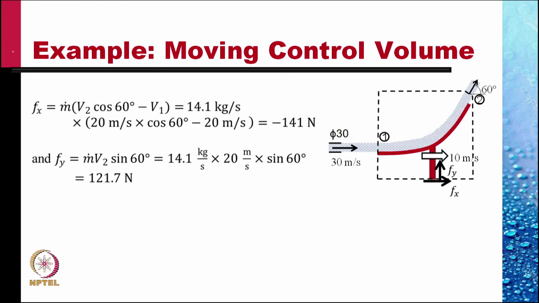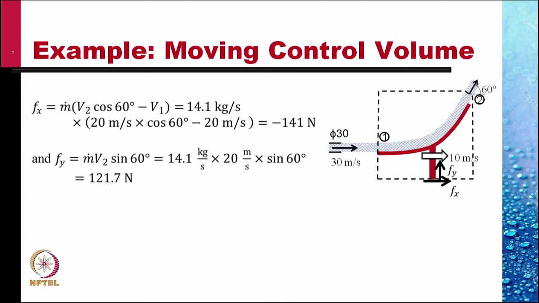So the force Fx is equal to m dot into (V2 cosine 60 degrees minus V1), and this is equal to 14.1 kilogram per second into (20 meters per second into cosine 60 degrees minus 20 meters per second, which is the value of V1), and this gives you a net value of minus 141 Newton, to the left.